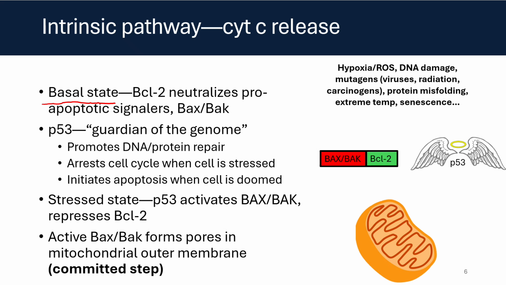Cells are constantly expressing regulatory proteins that just sit around in the background, like BCL2. These serve as apoptosis suppressors. And that makes sense. If we're healthy, we don't want to die, right?